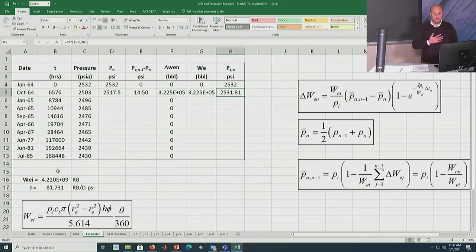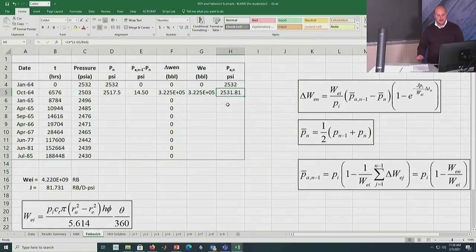Now I want everybody to be really careful because let me show you again what I did. It was PI times 1 minus WEN over WEI. So PI is 2532, WEI is given by B16, and the WEN was this G5. But we're going to repeat this calculation over again, and of course we don't want to have to go through typing that all over again.